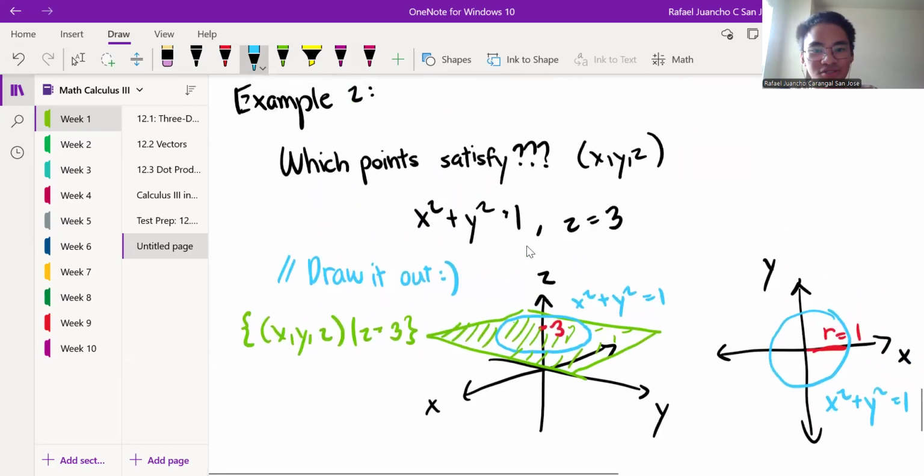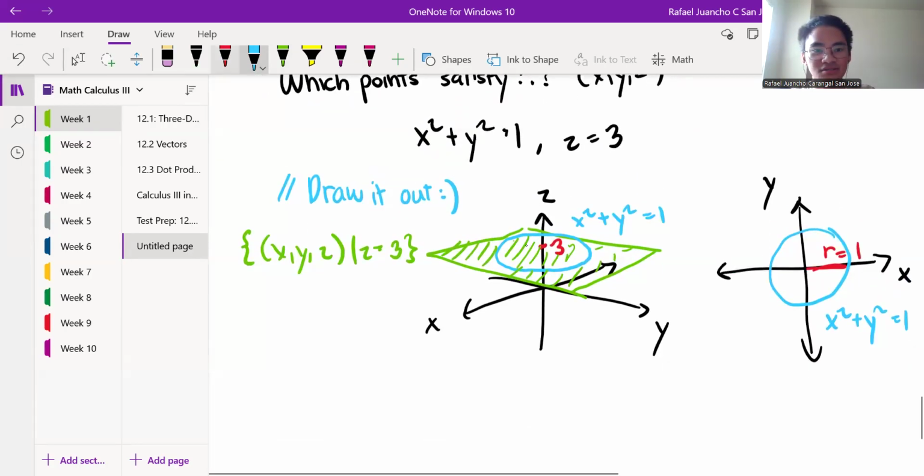So the question is, which points satisfy both of these? Well, these points here. And these are an infinite number of points that we can't count, or at least I can't, because I'm lazy.